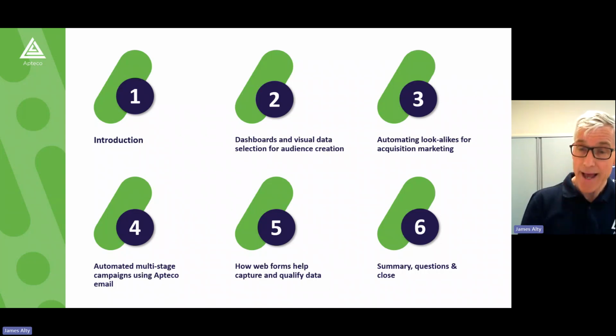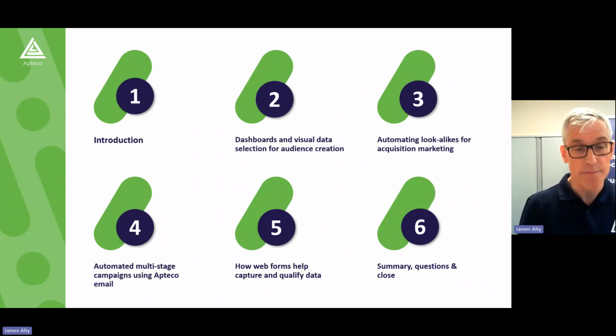We'll look at the lookalike mechanism in the Aptico marketing platform and how that can be used to automatically update scores on supporters to find lookalikes to target groups that you're interested in, perhaps high-value donors or committed givers or legacy givers or people who attend events, for example. You can use the lookalike mechanism to find other supporters similar to those and then use those for further activity.